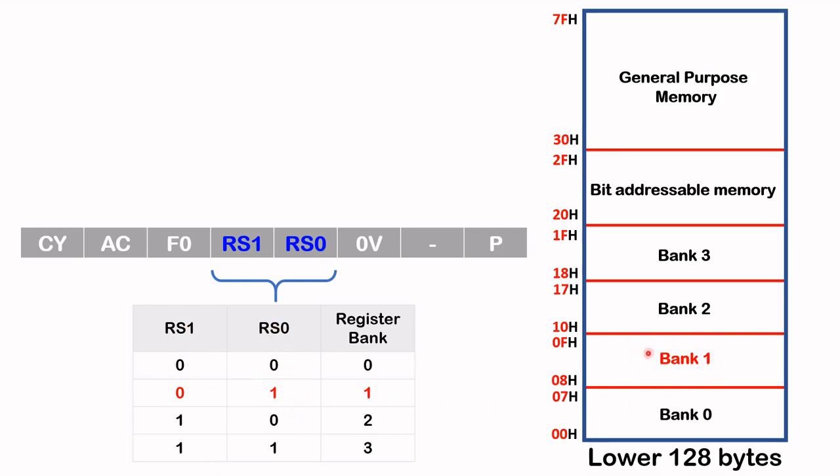If you want to select bank 2, then RS1 is 1 and RS0 is 0. For bank 3, both RS1 and RS0 are 1. That will select bank 3.